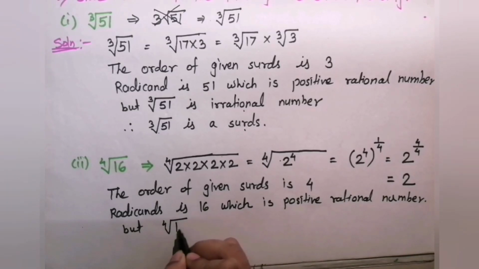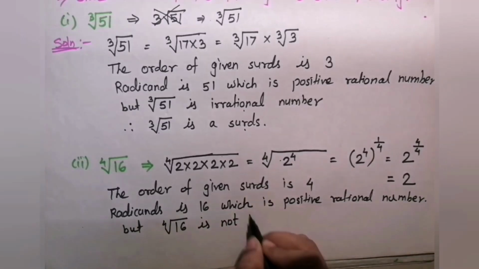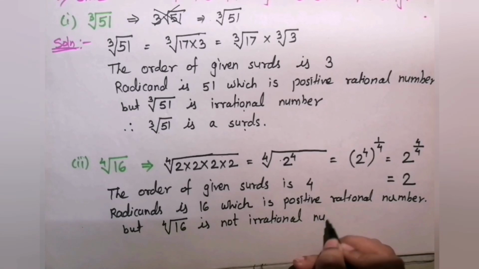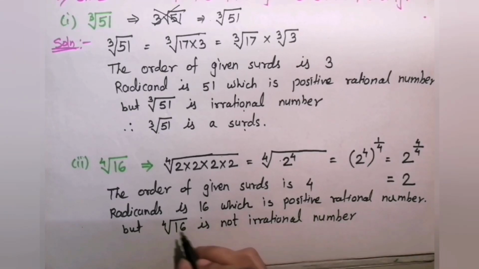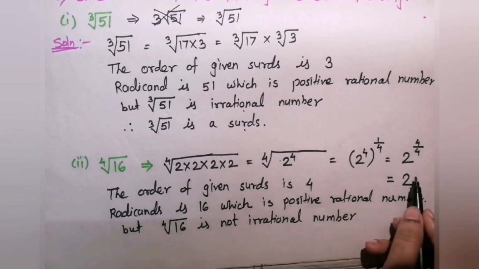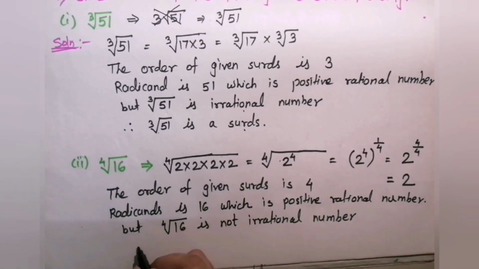The fourth root of 16 is not an irrational number. That means it is not a surd. Yes, the fourth root of 16 is not an irrational number because we get the final answer 2. If 2 is not an irrational number, then this is also not an irrational number.